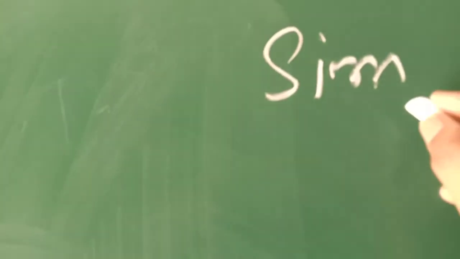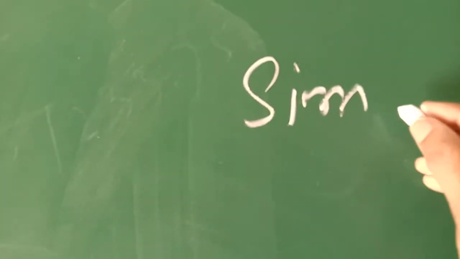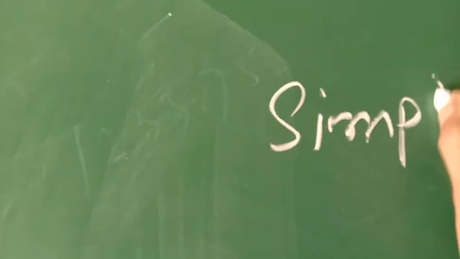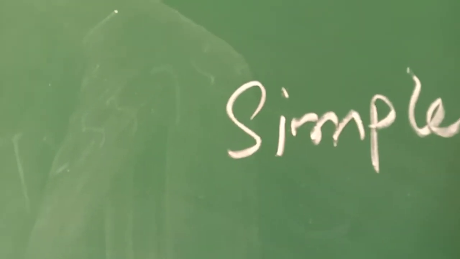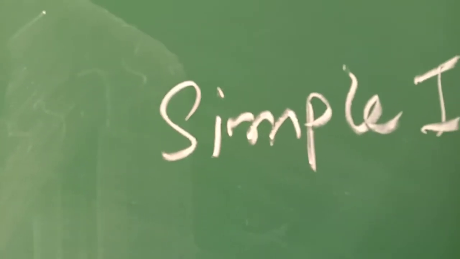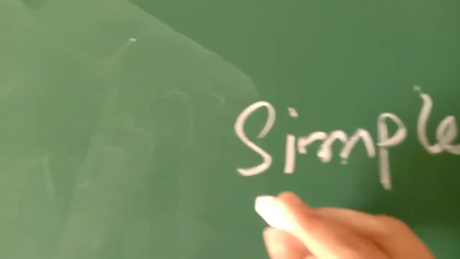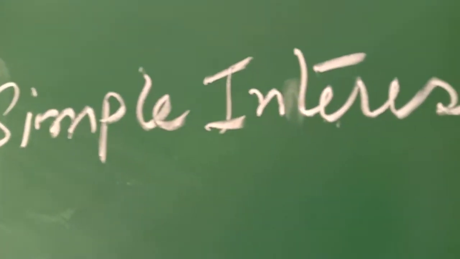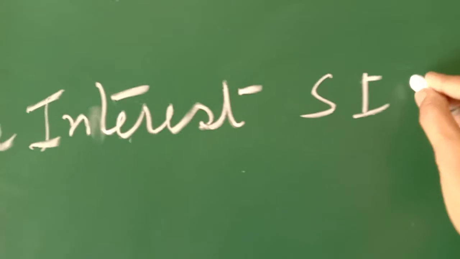What is simple interest and what is the formula? I will explain it very soon. Simple interest, in short form we are writing SI. To find any simple interest. What is simple interest?